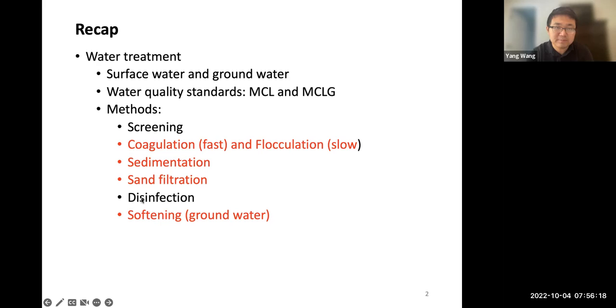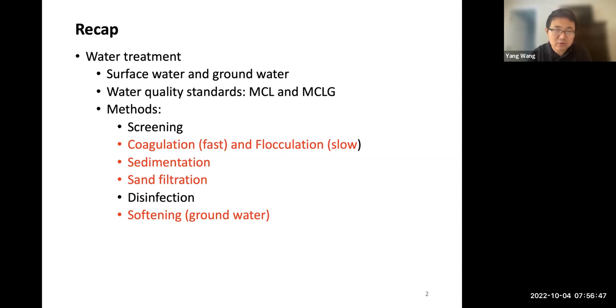For surface water, we said that since it's closer to the human environment, we're going to see more pollution, either organic pollution or pathogens. Or if other types of trash are dumped into the river, you're also going to increase the turbidity of the river water. In that case, you will need more treatment processes to deal with these contaminants.